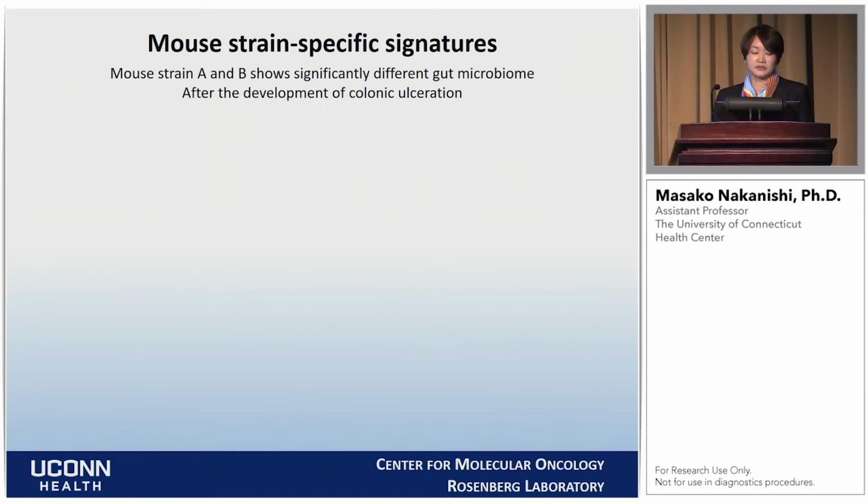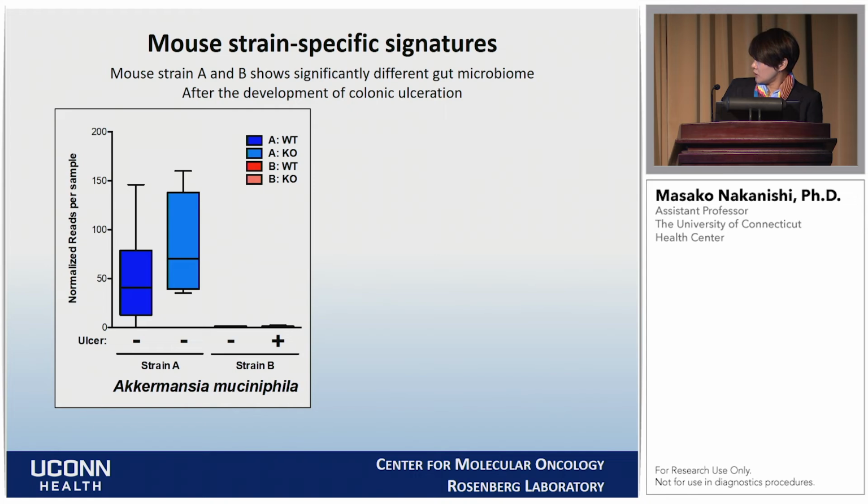So the results are pretty interesting. First of all, we saw a mouse strain specific signature with this analysis. Here's the graph showing the normalized read or abundance of the bacteria on the y-axis, and strain A is in blue and strain B is showing in red.